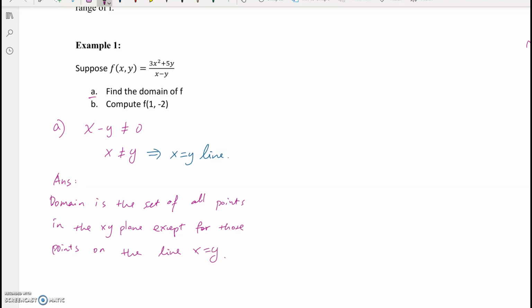So it's not that x cannot equal some number; it's all the points on the line x equals y that are excluded.